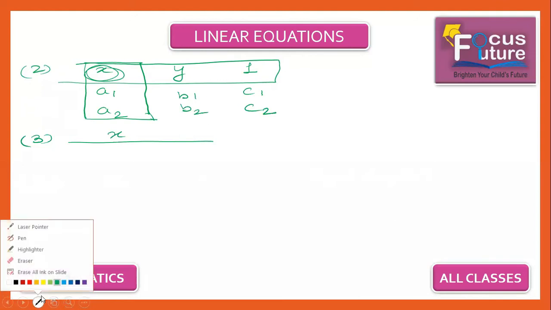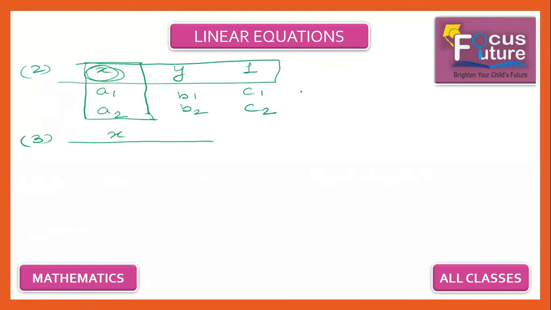Let me change the marker. Now you are left with b1, b2, c1, c2. So you will cross multiply the left part. This would be b1, so x divided by b1 c2 minus b2 c1, right?